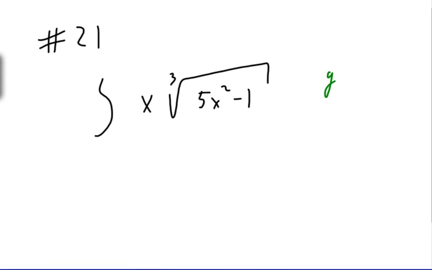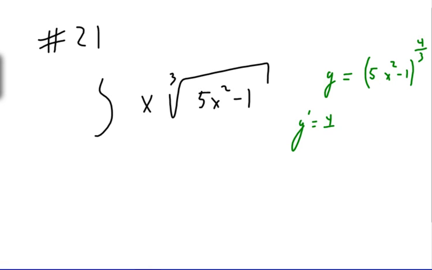Okay, integral x times the cube root of 5x squared minus 1. Okay, so I'm going to guess that the answer is in the form (5x squared minus 1) to the 4/3. I'm going to take the derivative.